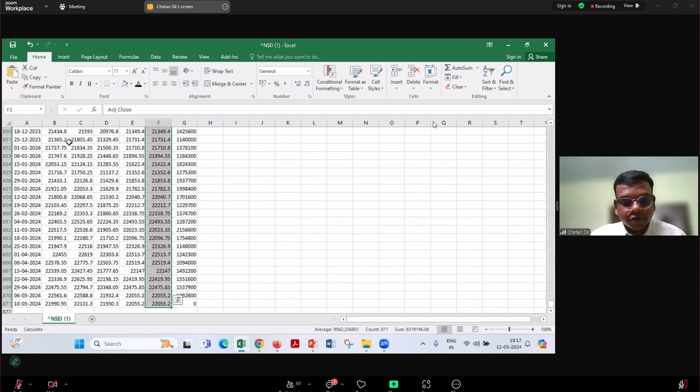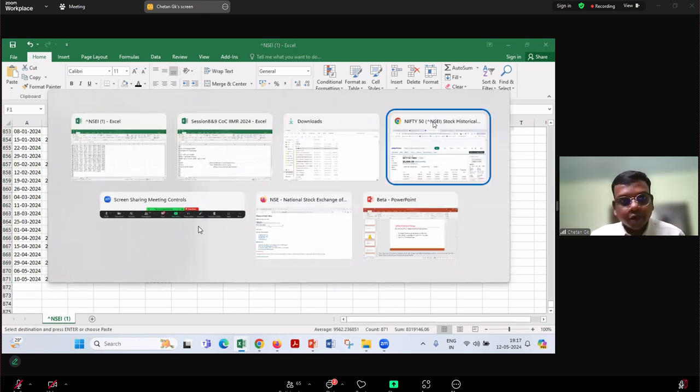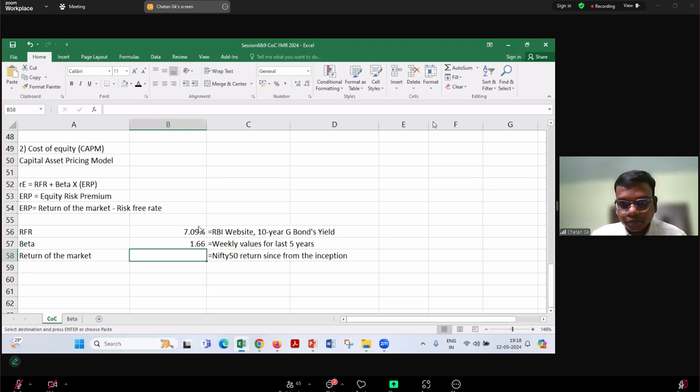I'll take up this value and I move to my sheet. I go to my sheet here. Quickly let us do because we know how to do this, right?